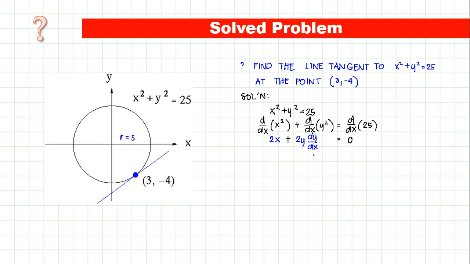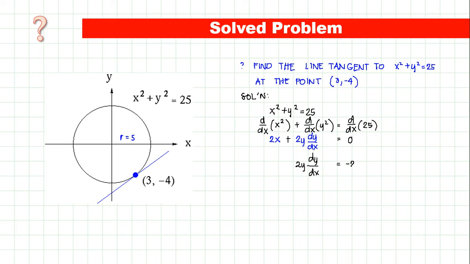Okay? So, itong dy dx, huwag natin yang kakalimutan, no? Magkasama sila palagi. And to simplify this one, kailangan i-isolate natin yung dy dx, di ba? So, kung isi-simplify natin yan, yung dy dx, so 2y muna para mas makita natin.